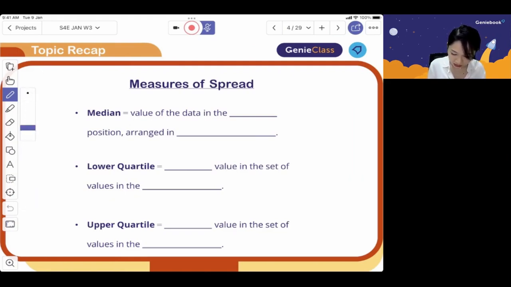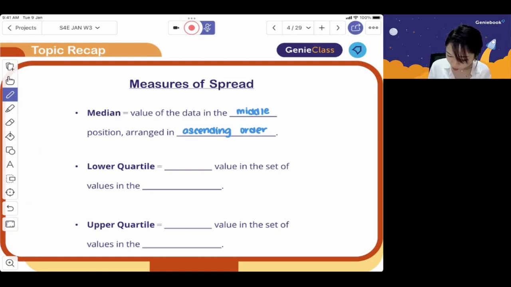What is the median? The median is the value of the data in the middle position after it is arranged in ascending order. So always smallest to biggest. I hope you guys are clear with what ascending means.